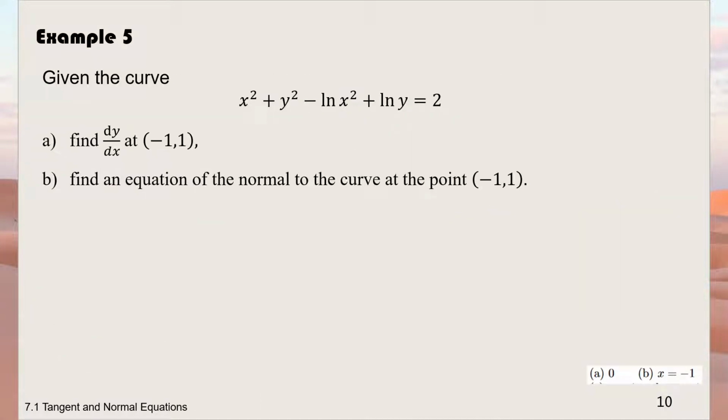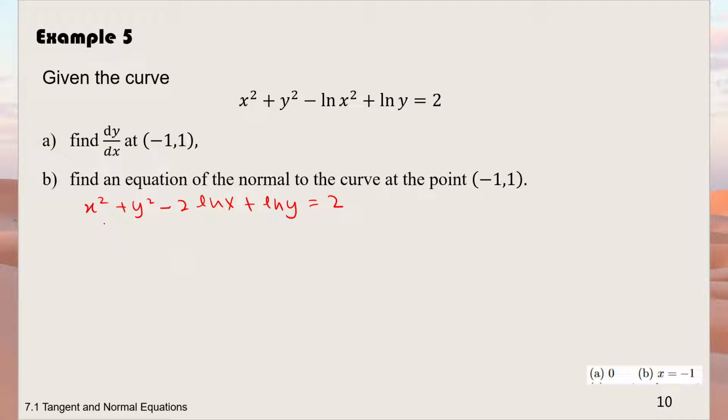Okay, we go for example 5. Given the curve x squared plus y squared minus ln x squared plus ln y equals 2, first they ask you to find dy dx at negative 1 and 1. Very easy for us to do: we have x squared plus y squared minus ln x squared, or I can straight away write this as minus 2 ln x plus ln y equals 2. This is an implicit equation.